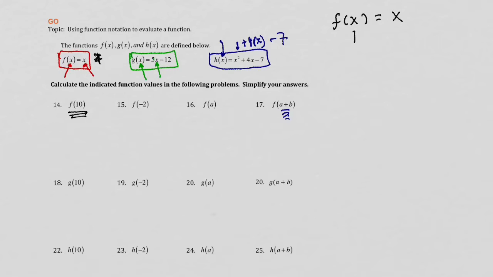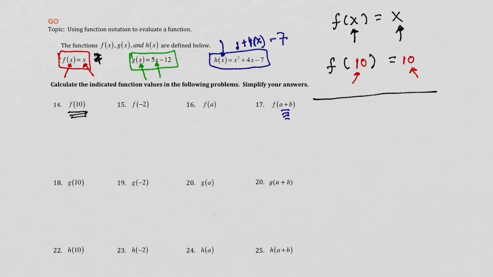So the only thing that's going to change here is my x value. So everywhere I see an x, I'm going to replace it by a 10. So I get f, and now this time I'm going to plug in 10 here. And what this recipe is telling me is whatever I put inside f, I'm going to get that same value back out. So f of 10 is the same thing as 10.